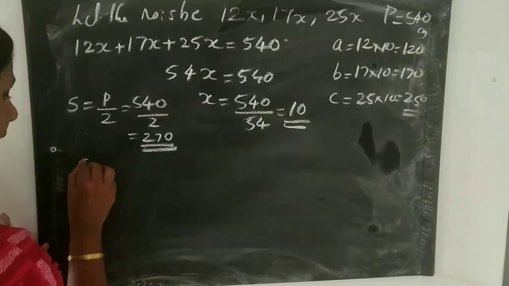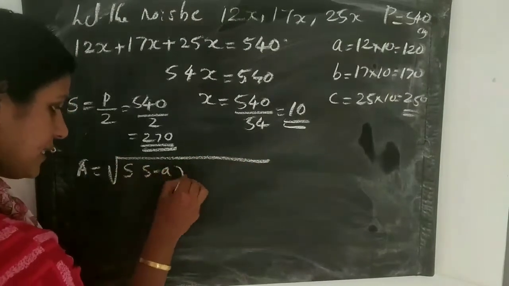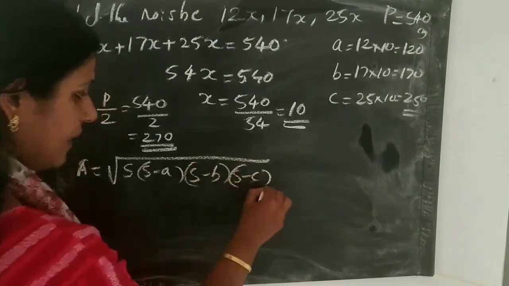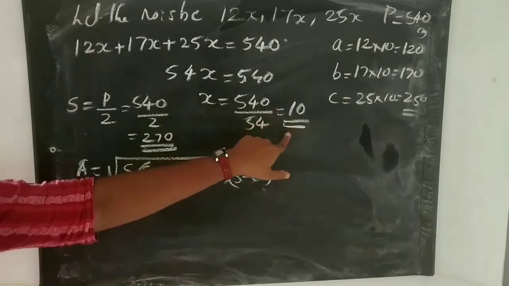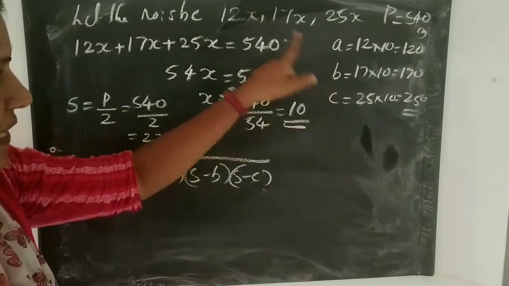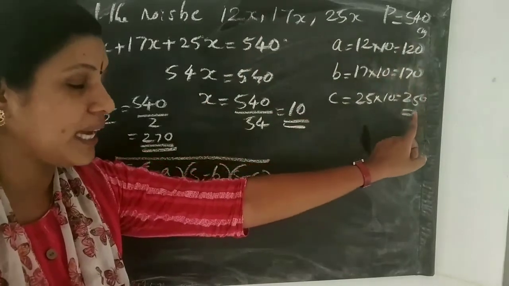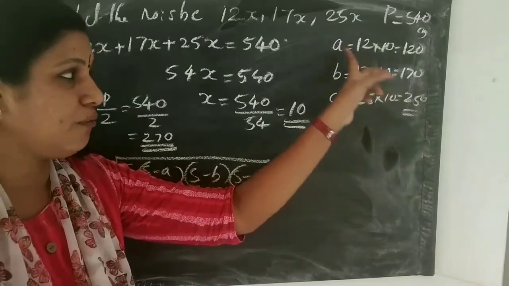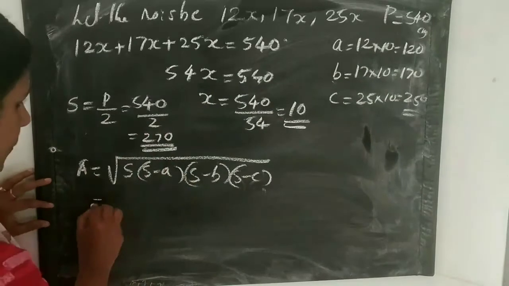Now area is root of S into S minus A into S minus B into S minus C. We get the value of X, and from this we multiply to get A, B and C, because the numbers are 12x, 17x, 25x. From that we get the values of A, B and C, and substitute them here.